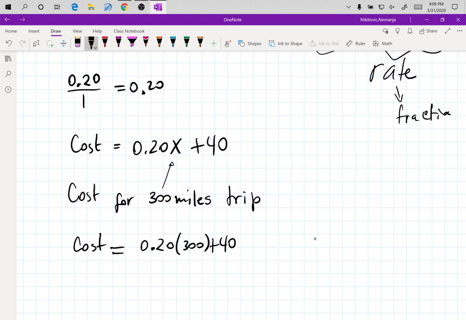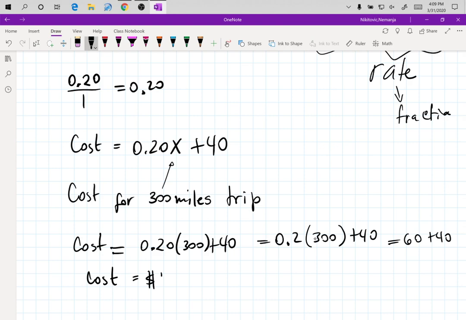So what do we have? We have actually 0.2 times 300 plus 40. When you multiply these two numbers, you get 60 plus 40. So the cost is equal to $100.